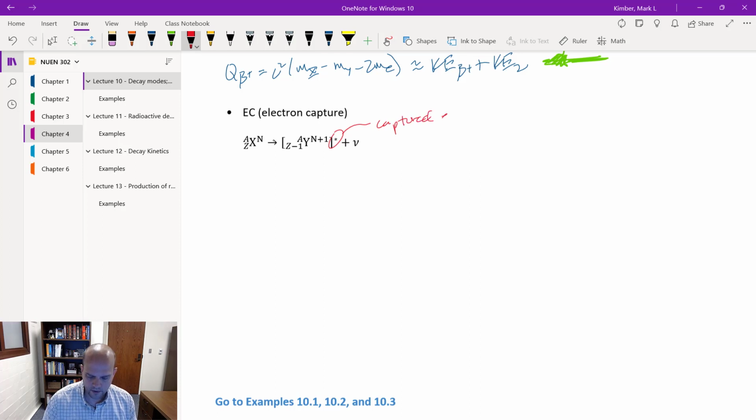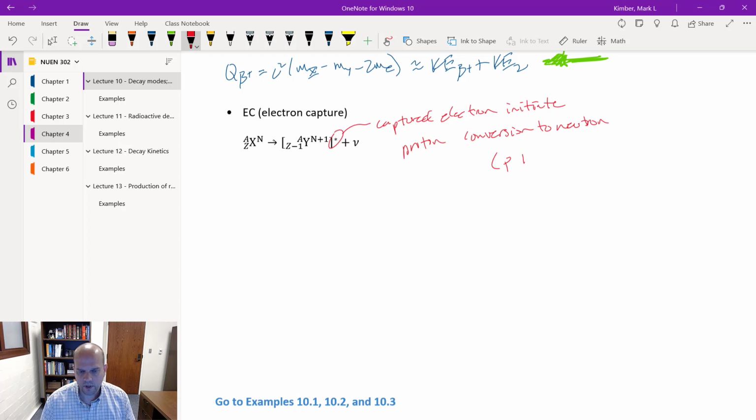So the captured electron is going to initiate a proton converting to a neutron, which would look something like this: a proton plus that atomic electron is going to equal a neutron and a neutrino, just as in the beta plus decay.